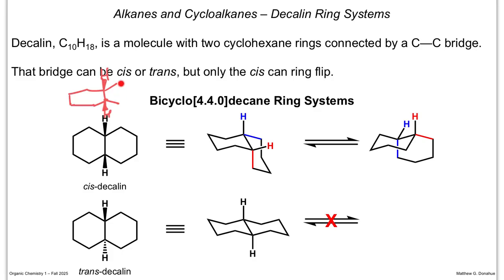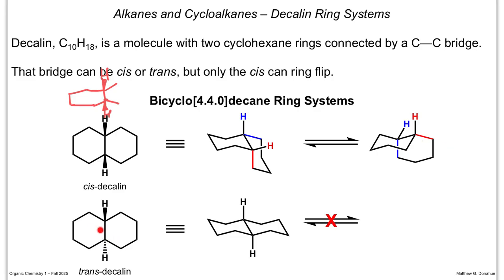So think of it as like a 1,2 relationship of like cis-1,2-dimethyl, but now that you've constrained that into a ring, the cis one is the only one that can flip, where you have axial equatorial going to axial in blue, equatorial in red.